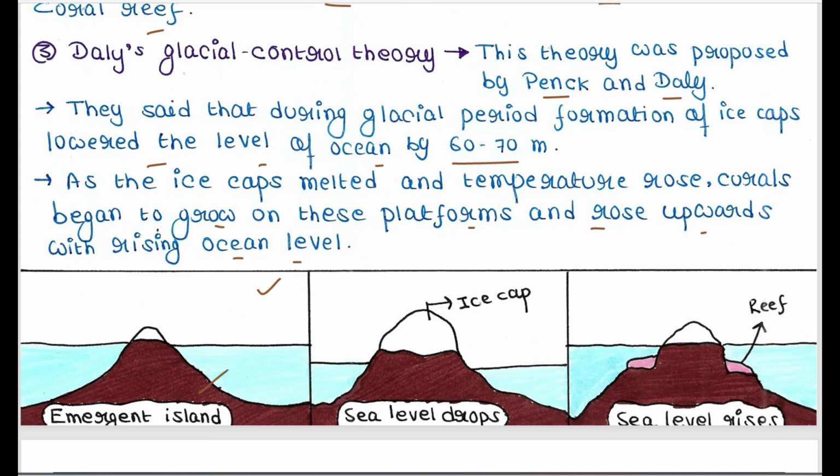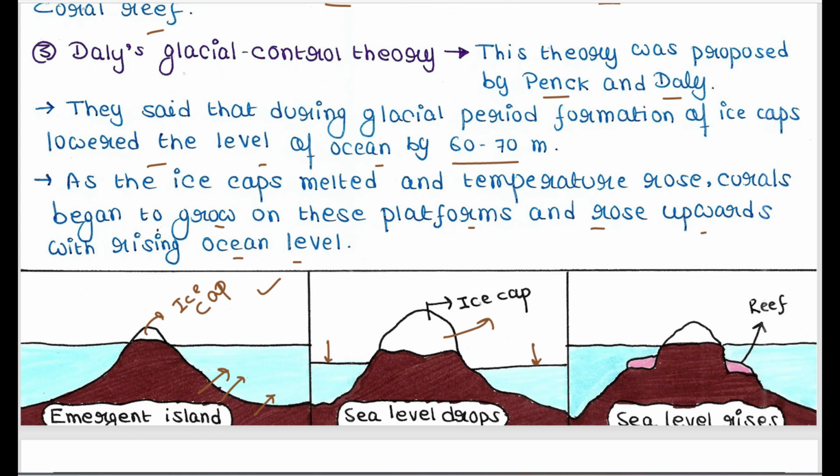So this is the island, you can see. And here is the ice cap over it. Now what happens? Temperature decreases and the ice cap is getting bigger. Hence, sea level drops.